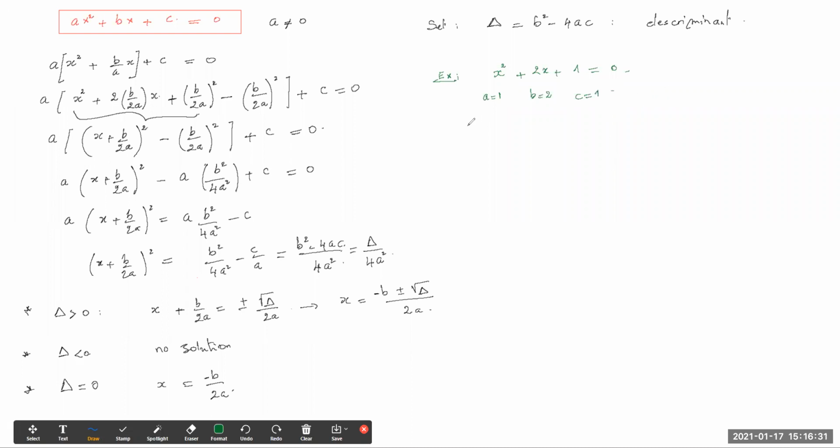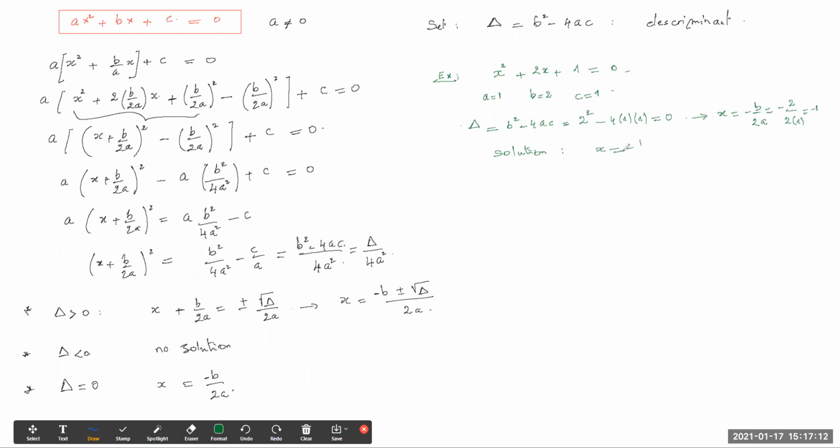So my delta, instead of going through the proof using the completion of the square, we can just introduce the discriminant b square minus 4ac. So it will be 2 square minus 4 times 1 times 1, it's 0. Then I have one root, x equal minus b over 2a, so minus 2 over 2 times 1, which is minus 1. So the unique solution is x equal minus 1.